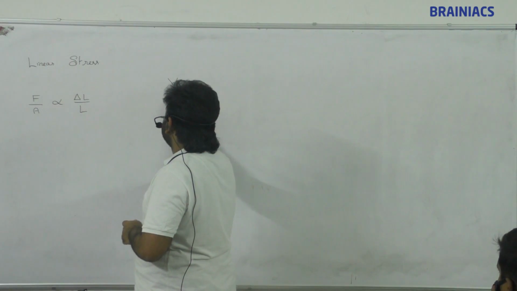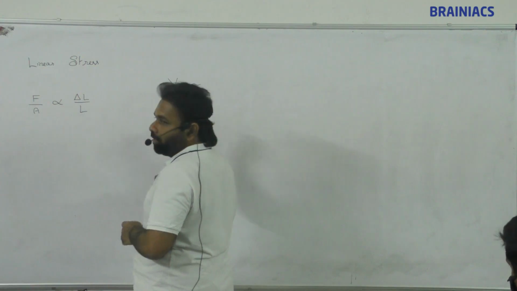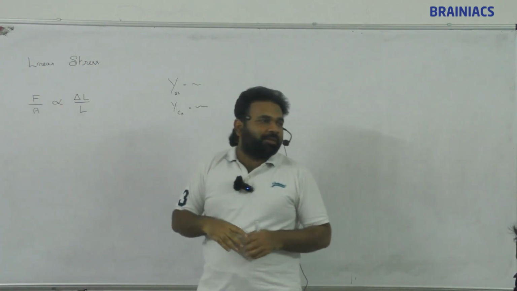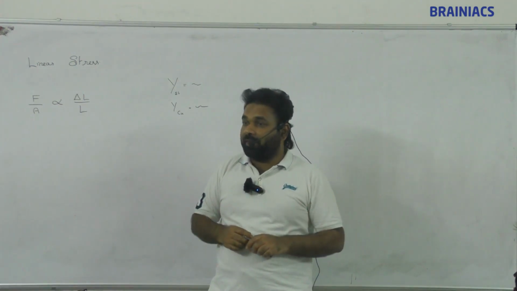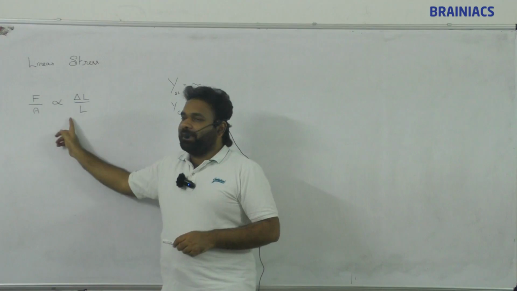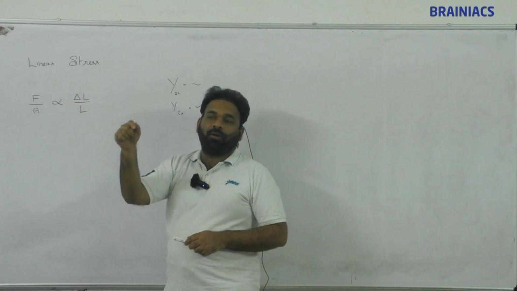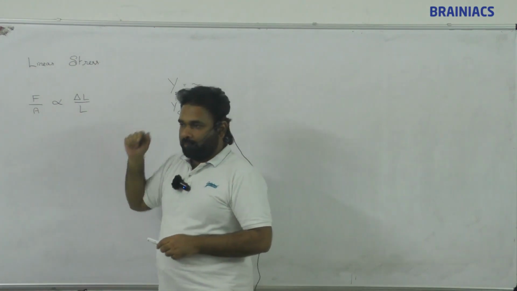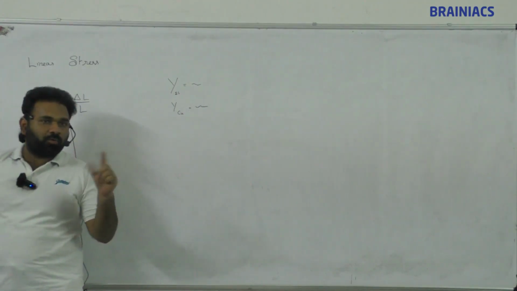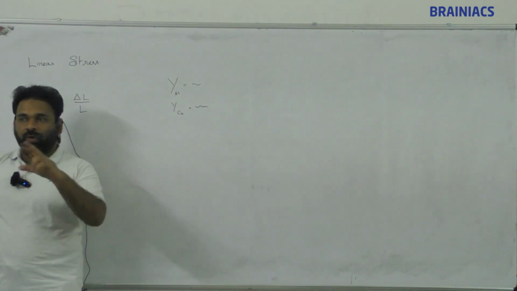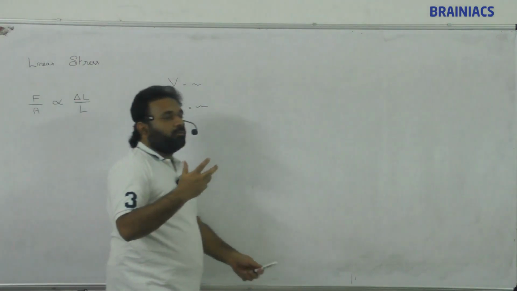Likewise we took steel, iron, and all these things. We understood that this will be equal if we add something based on the property of the material into the equation. For steel it will be one value, for copper another value, for iron another value. That is called modulus of elasticity.